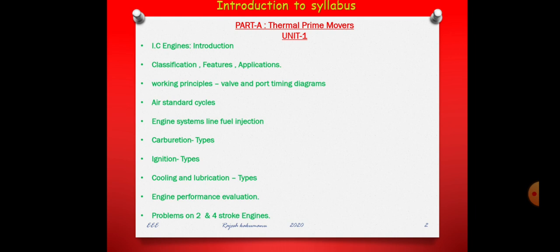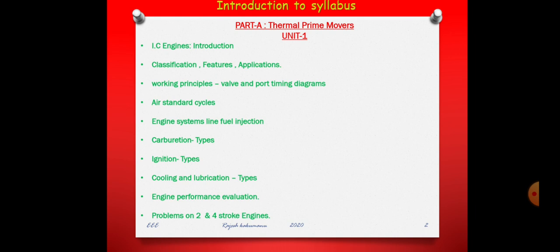So like this you can see all types of features in the engines. Next, applications. Once you know the concept of an engine, what the classifications are, what the features are, then you have to decide where the engine can be used.